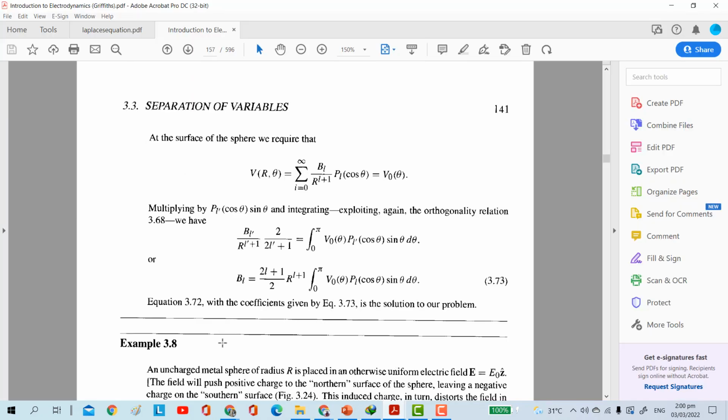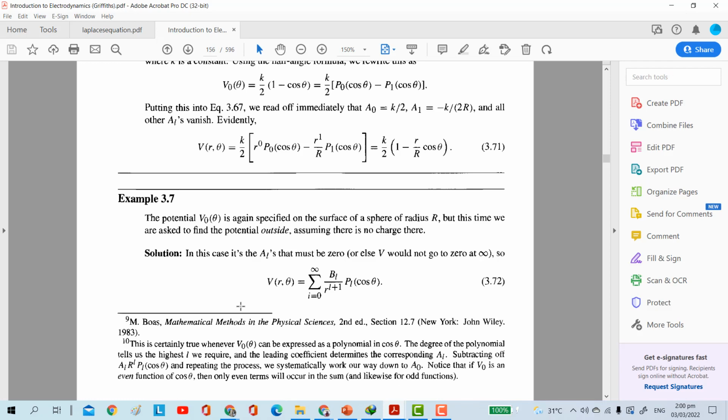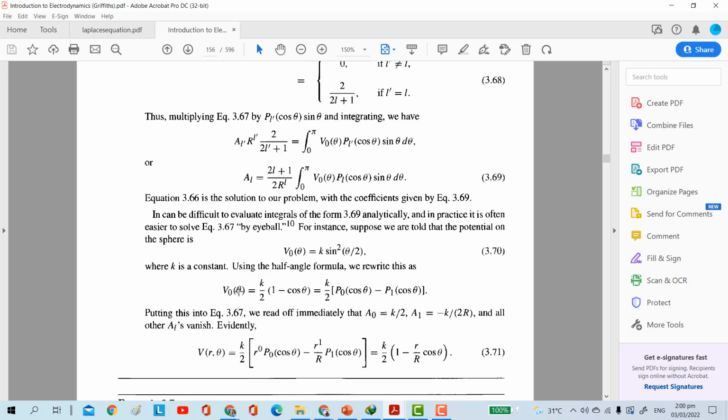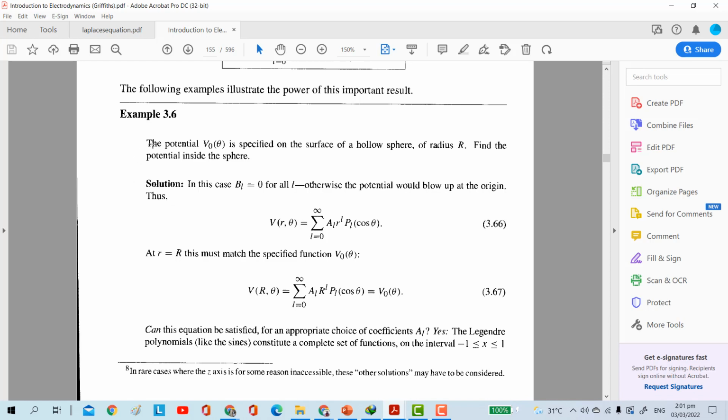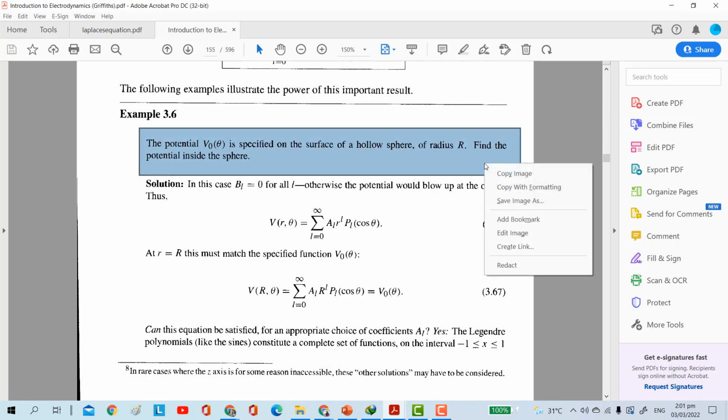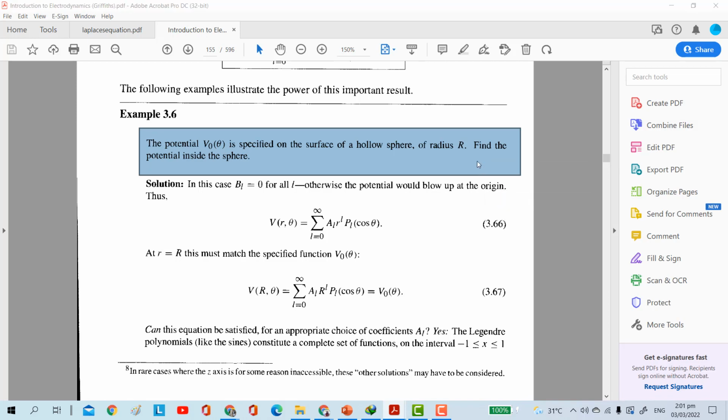Example problem sa atong book. Para naay idea kung unsaon pagkuha ang constants A sub L, B sub L, o kung unsay exact value ani ni P sub L of cosine theta. Okay? So for example, kini nga equation, kini nga problem. Example 3.6 in your book.